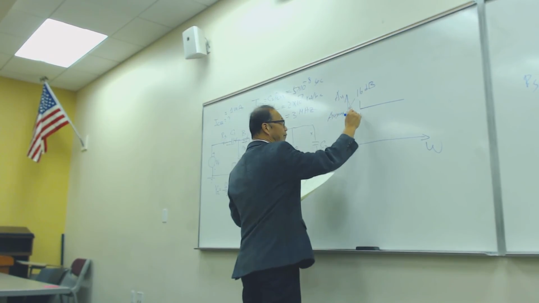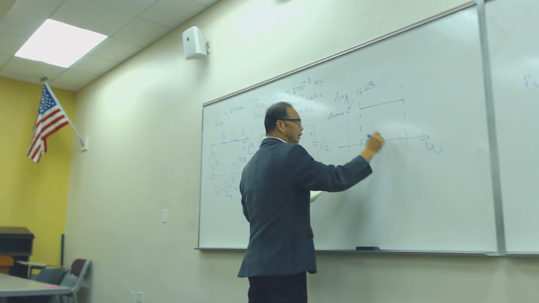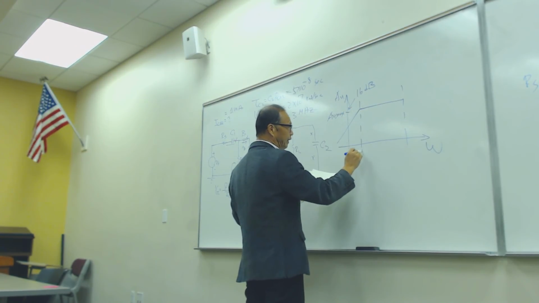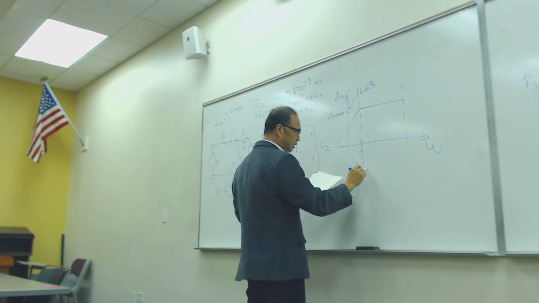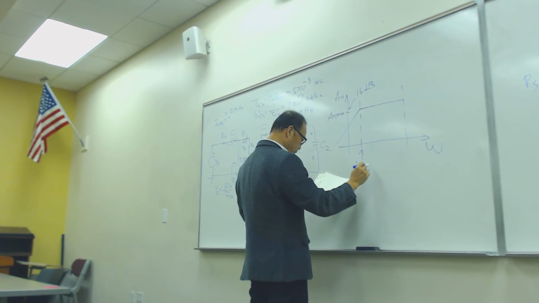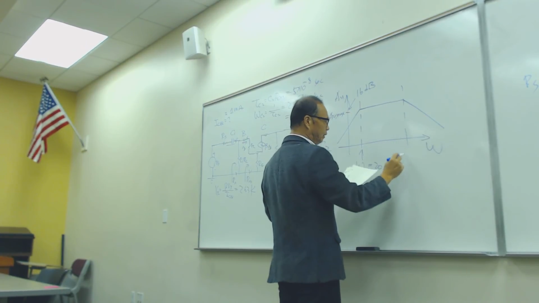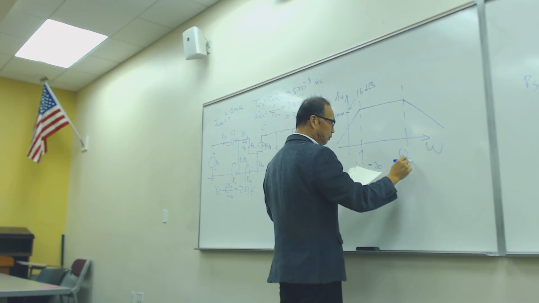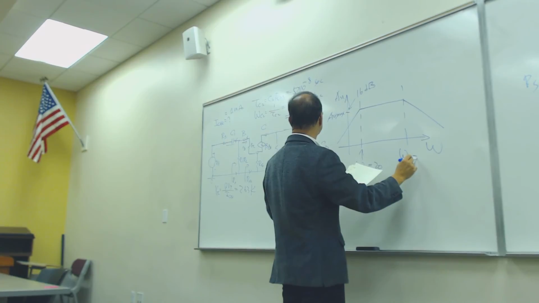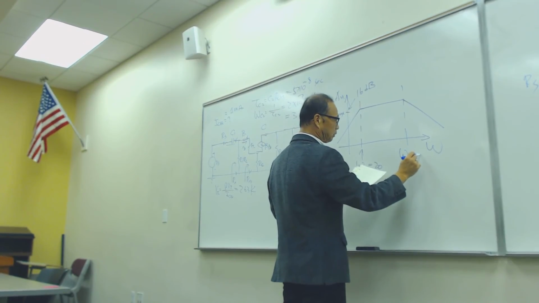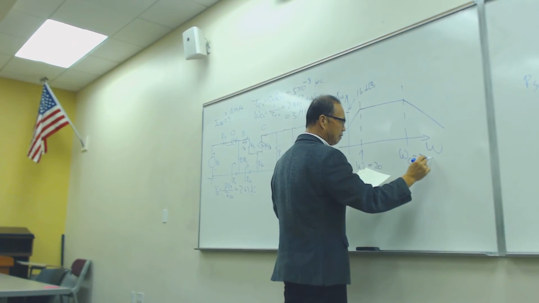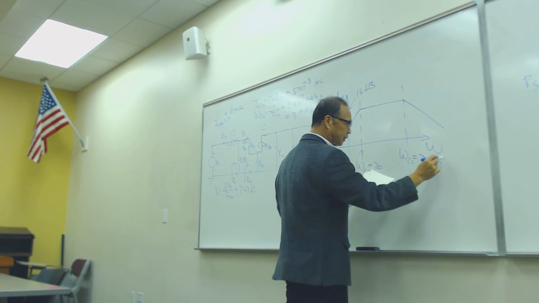Then you would have a drop here, and that is omega C1, which is equal to 20. And you can have a drop here, which is omega C2, about equal to 20 times 10 to the 6.